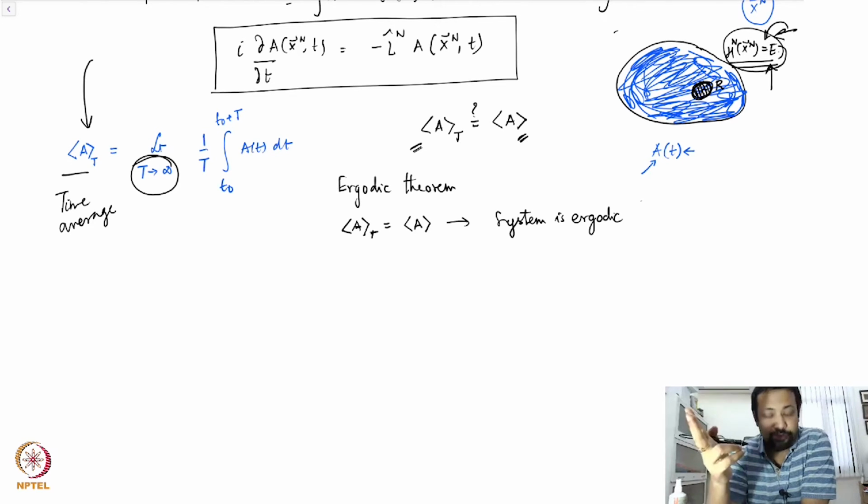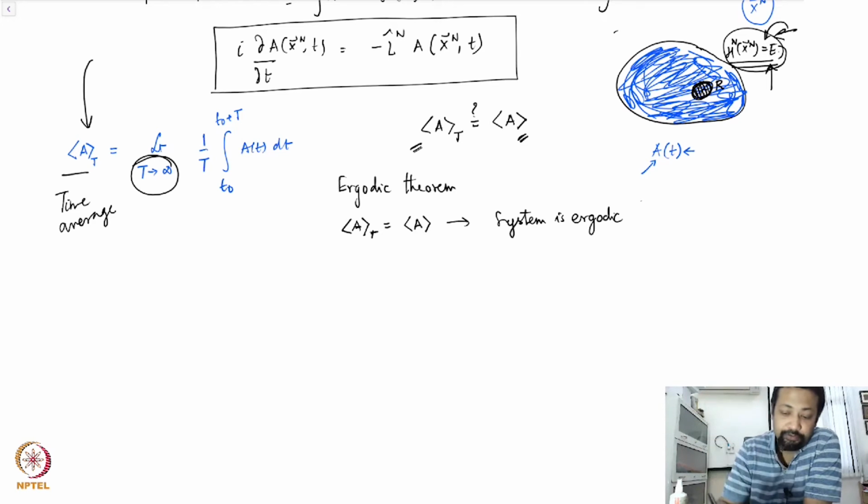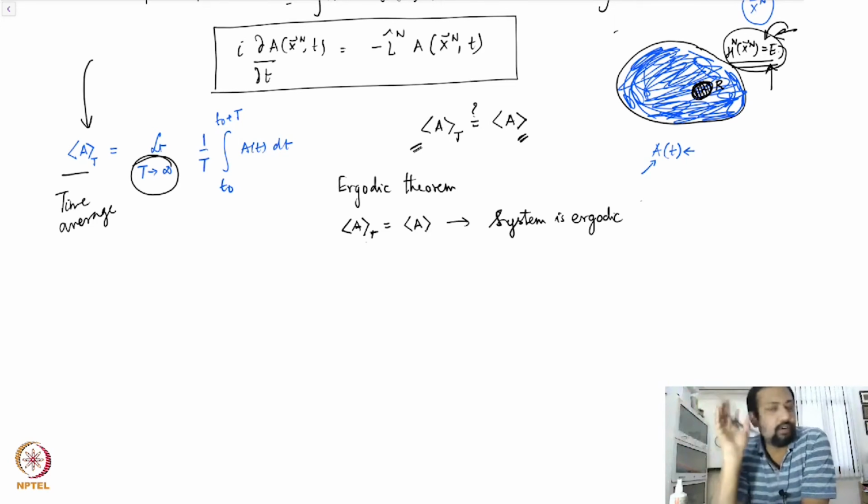There are two kinds of flow generally considered in a phase space, but we'll not worry about that right now. Our point is that if the flow is ergodic, then the time average and the phase space average are equal. But what does this mean? Let's go back to the picture where we were visualizing the phase space, and our phase space trajectories had all covered up the phase space.